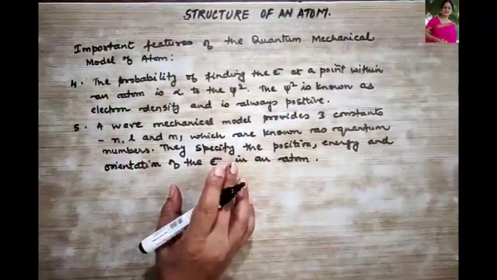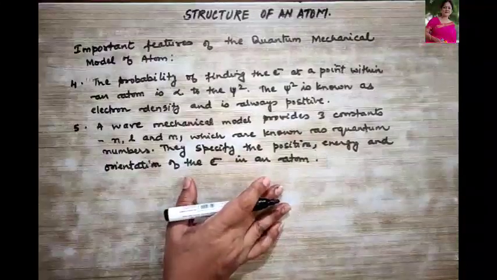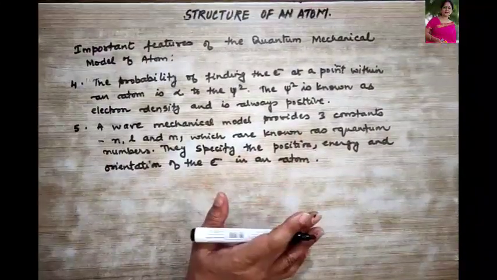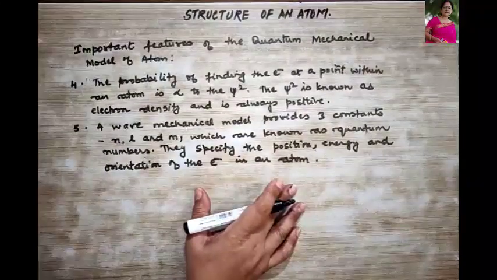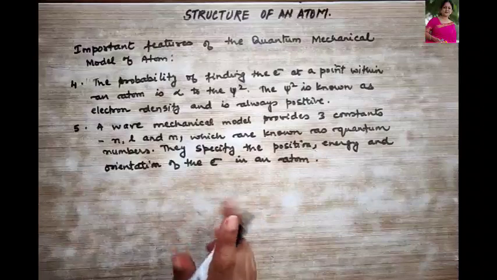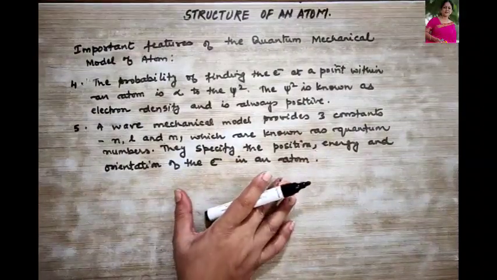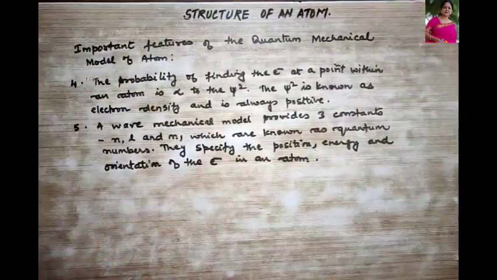So I hope all the points are very clear to you about the quantum mechanical model of an atom, and thus tomorrow we shall begin with the quantum numbers. Now, to end up with this video, as I told you, we came across a new word, orbital. So here I want to specify to you what is the difference between an orbit and an orbital.